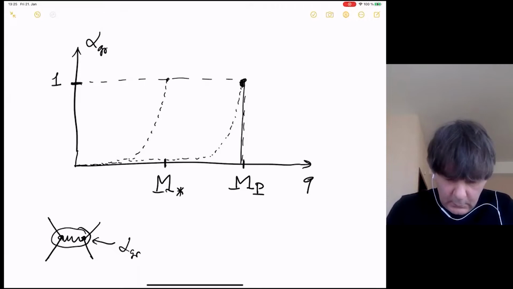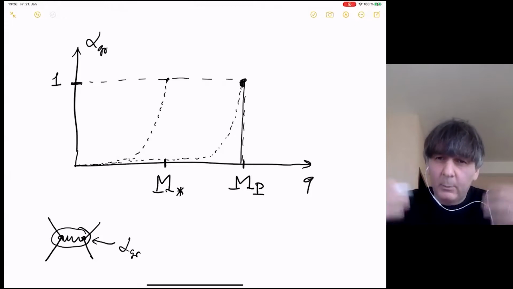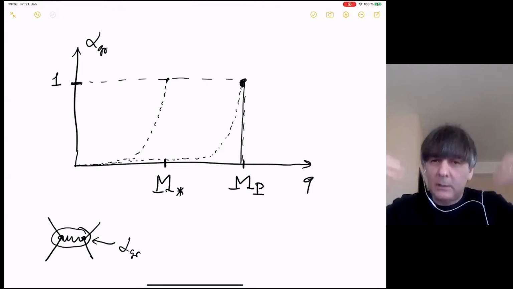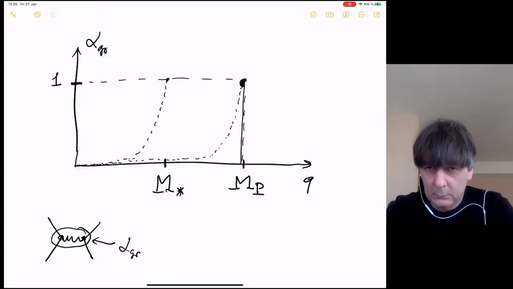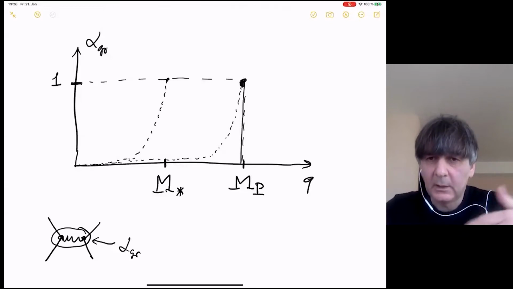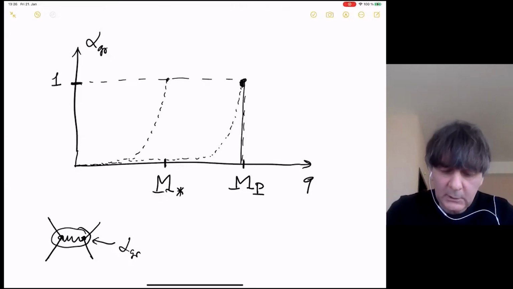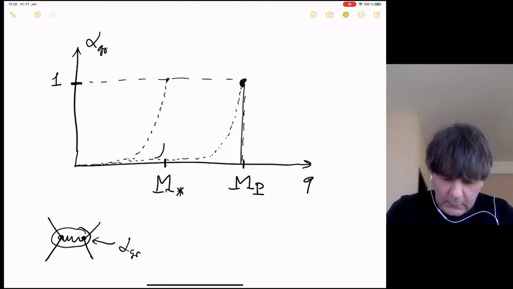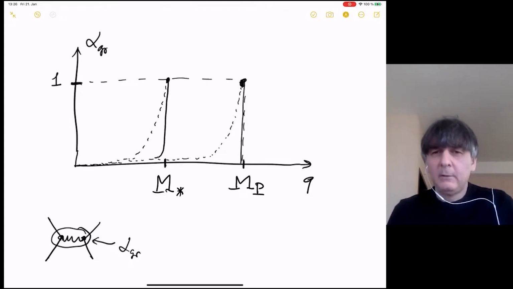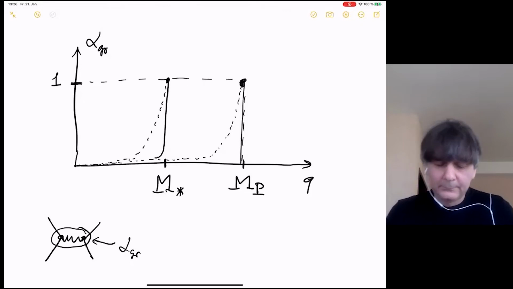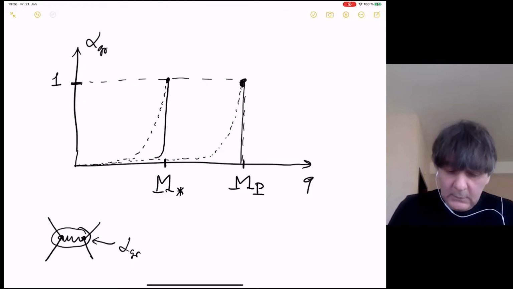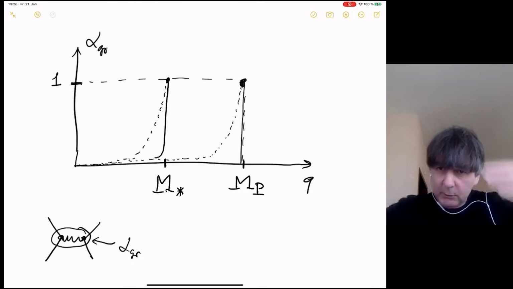So the transition may be smooth, okay? So in other words, the deviation from Einstein gravity can already set in at the level where gravity is weakly interacting and classical, or the transition could also be pretty sharp. So new degrees of freedom can open up very close to the cutoff. That can happen. But this is what should happen as long as you are within the consistent effective field theory of gravity.